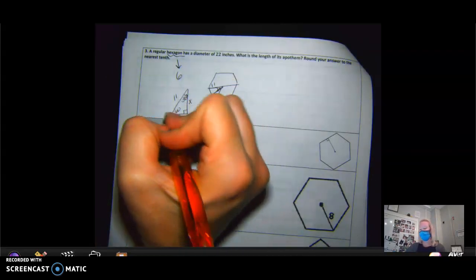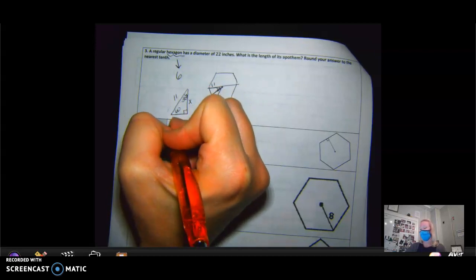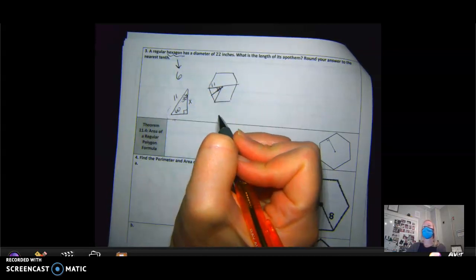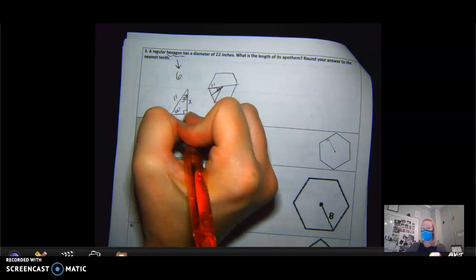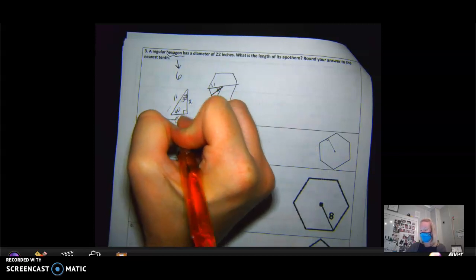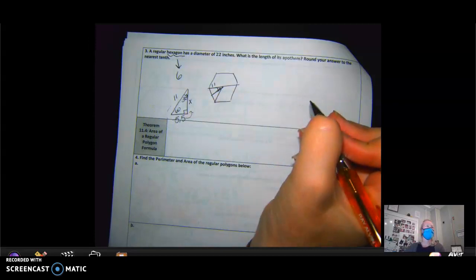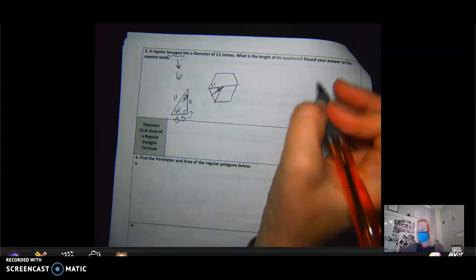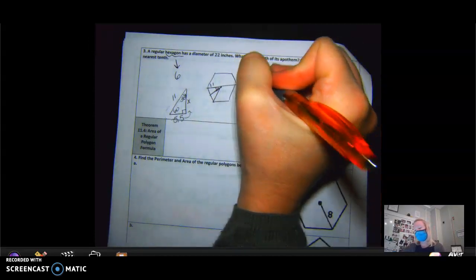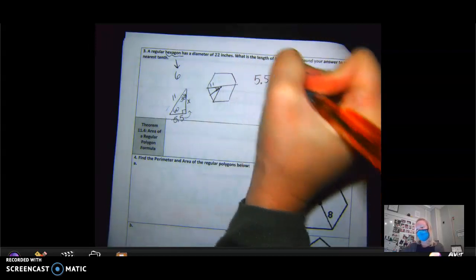Let's see how much of that you guys remember. If I go from hypotenuse, which is the long side, to the small side, what do I do? So what's my small side? 5.5. And then how do I go from the small to the medium? Multiply by the square root of 3. So the answer would be 5.5 square roots of 3.